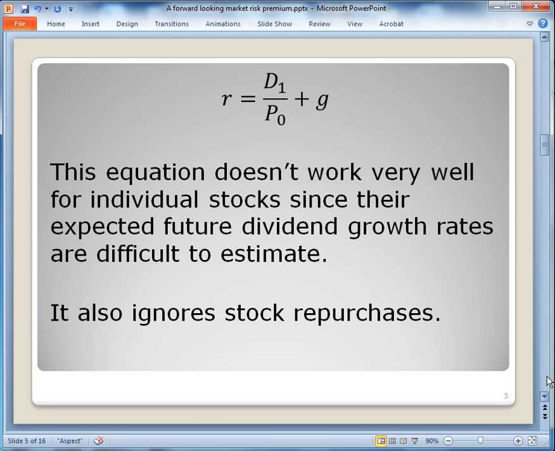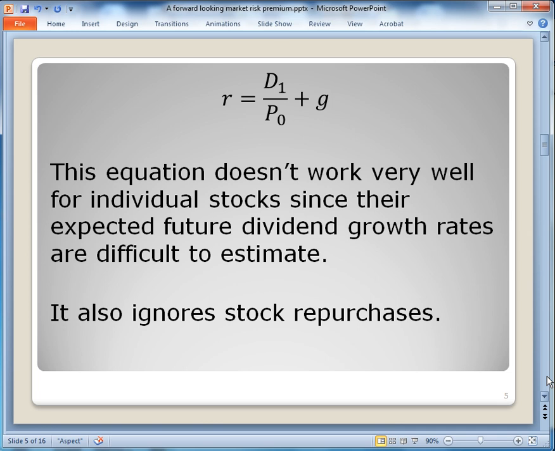They might have no dividends now and be expected to have dividends out into the future, or maybe they're just growing really slowly or very fast now and will have a long-term growth rate that differs from what the current growth rate is. But even more importantly, this formula ignores the fact that companies pay out quite a bit of cash, roughly about as much in repurchases as they do in dividends, and this is ignoring entirely stock repurchases.